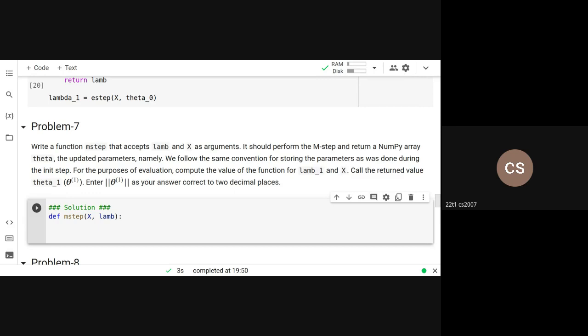Has anyone done the same step already? Okay, so let's go ahead.